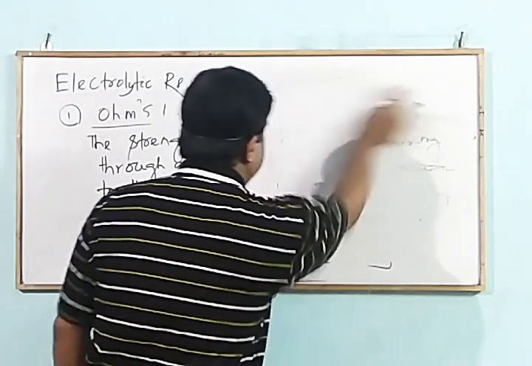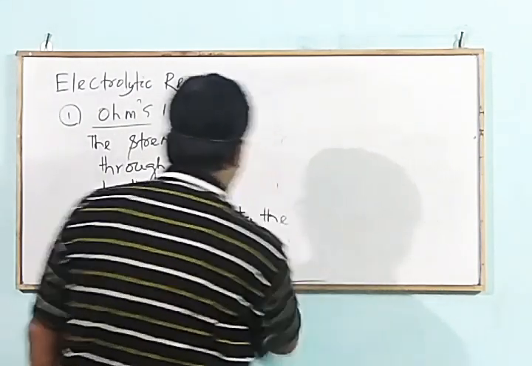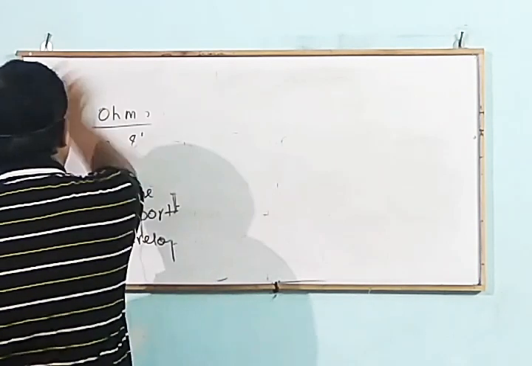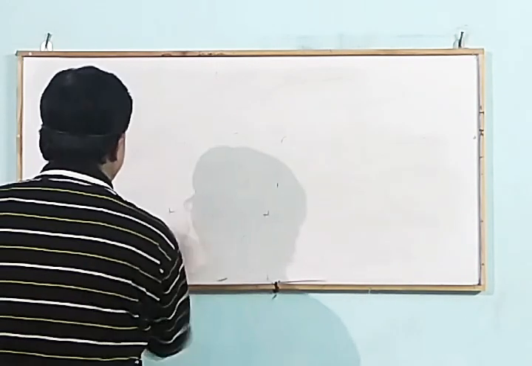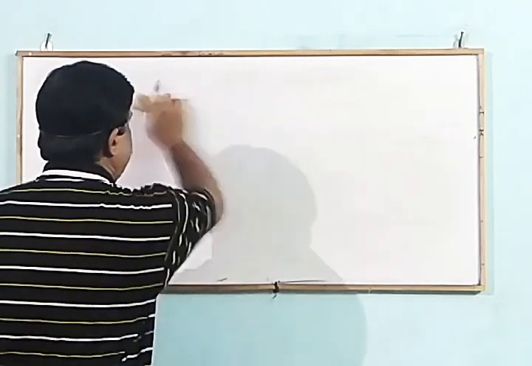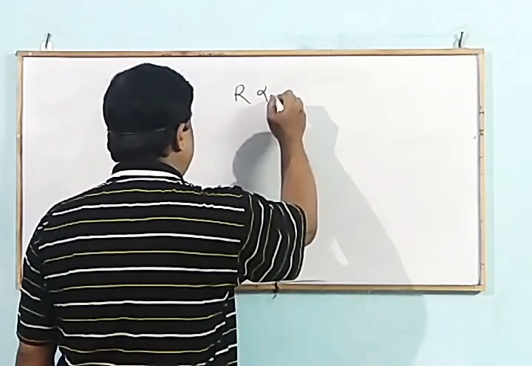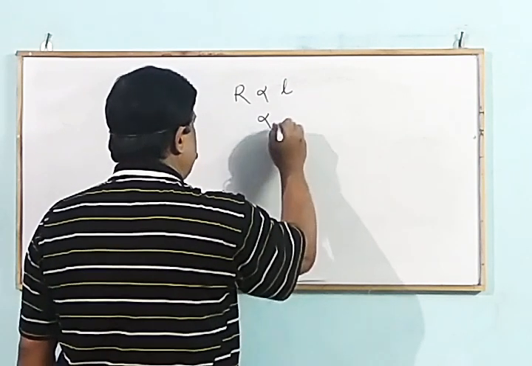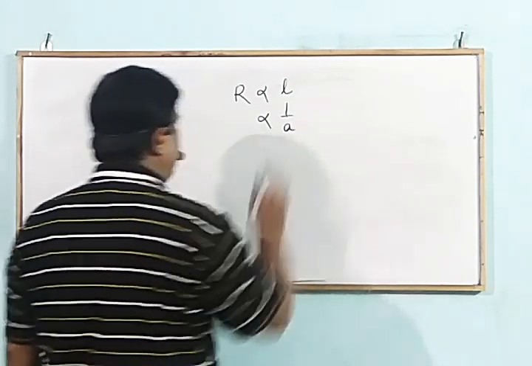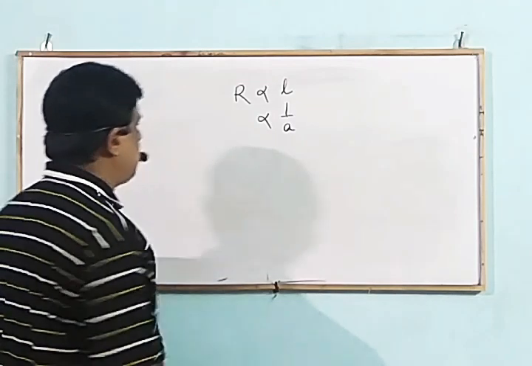If we represent this mathematically, it has been observed that resistance R is proportional to L, and proportional to 1 by A, that is, inversely to the area of cross section.